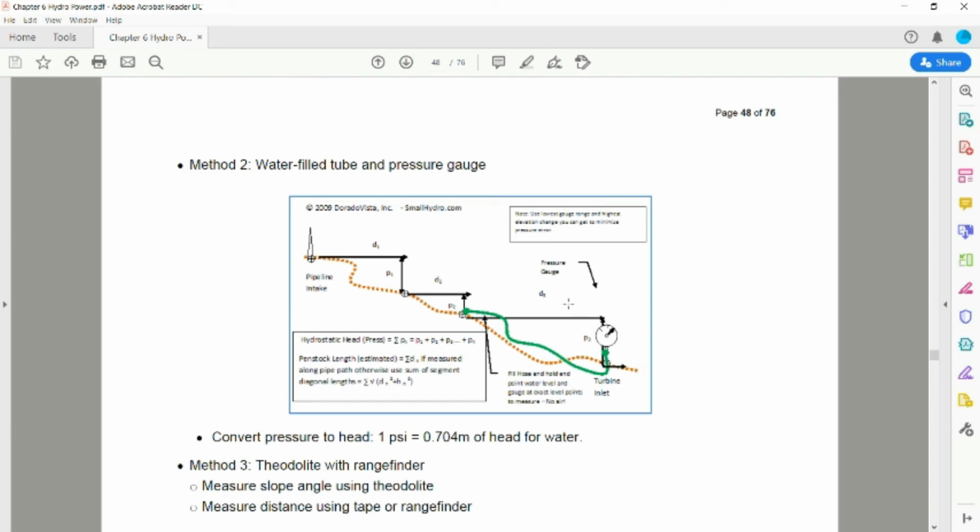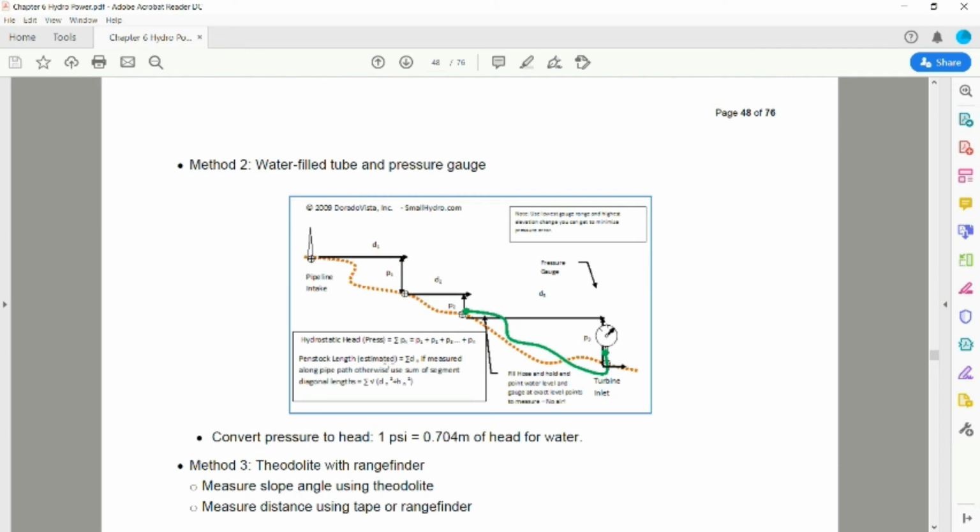Note, use the lowest gauge range and the highest elevation change you can get to minimize the pressure error. So for hydrostatic head or pressure, you total up the measurements from pressure point 1, point 2 and point 3, and you get the head.